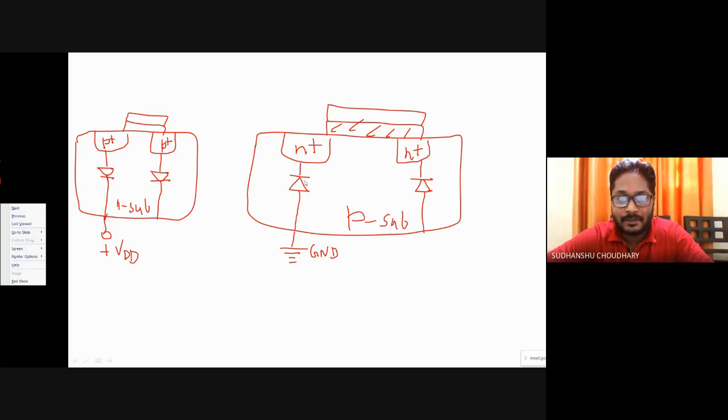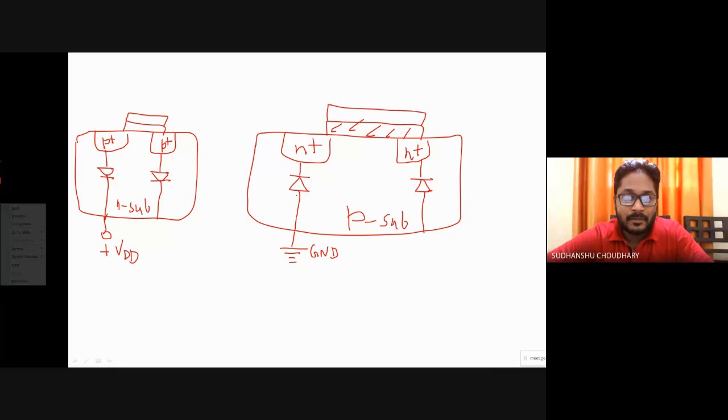If this parasitic element switches on, then you'll have a direct connection between drain and the body. So you'll have conduction going on between the substrate and the source and drain, and it can affect the threshold voltage of this MOSFET. To avoid this, these have to be always reverse biased.